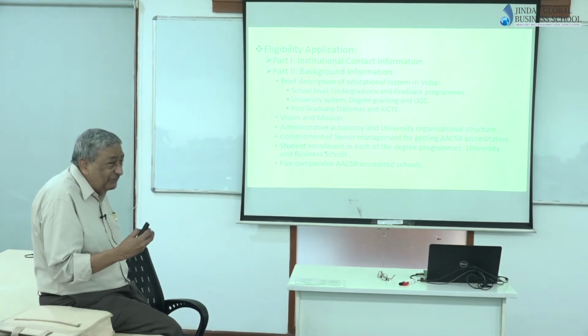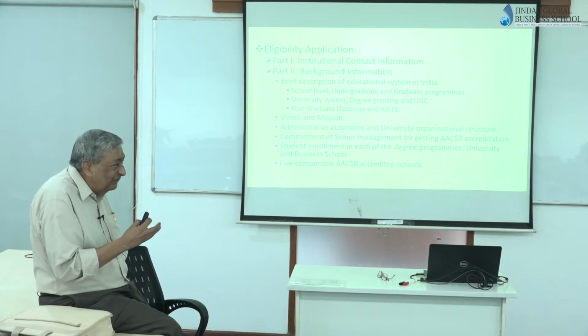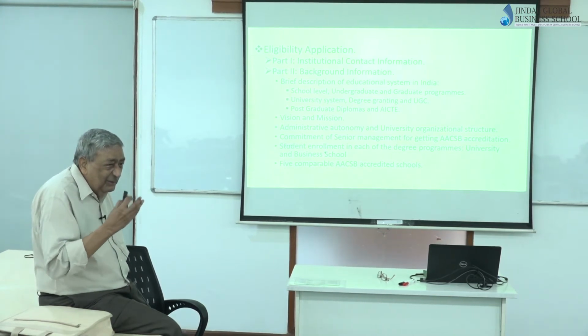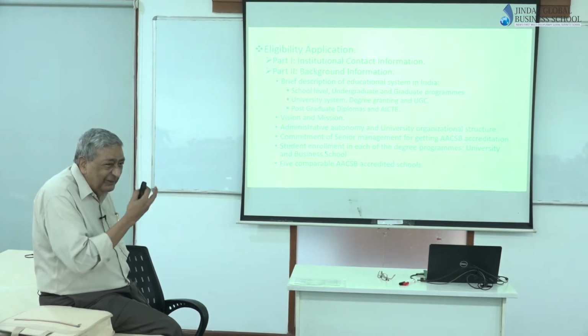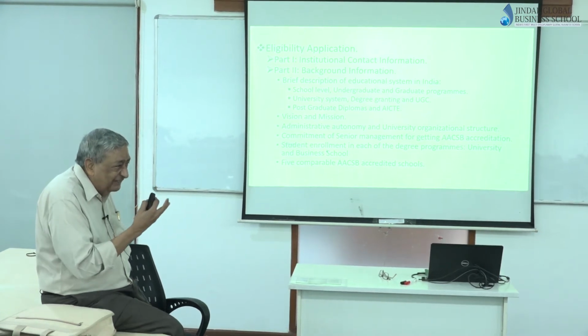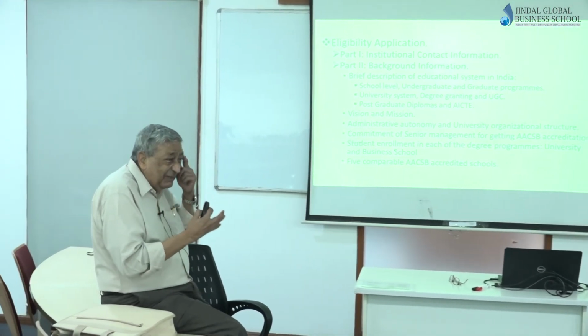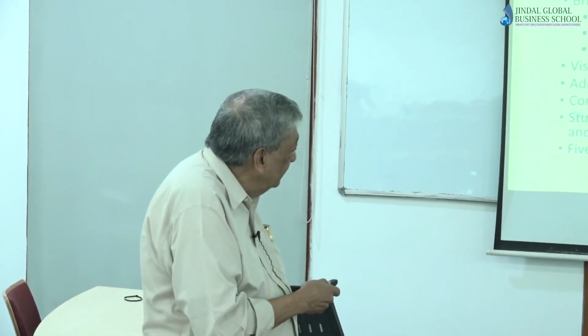Sometimes what happens is the dean decides we should get AACSB accredited, but the university may not be interested. They ask, why do we need this AACSB and so on? So there may be no commitment from the university side. They want to make sure that there is a commitment at the university level as well.